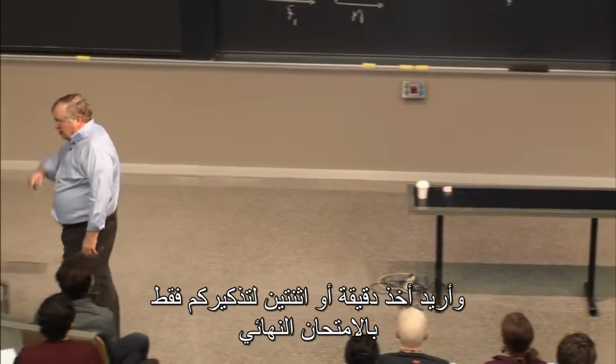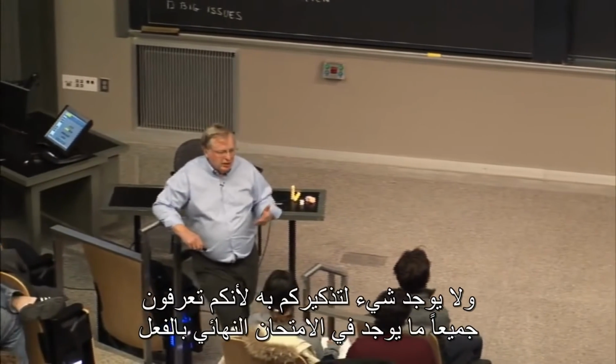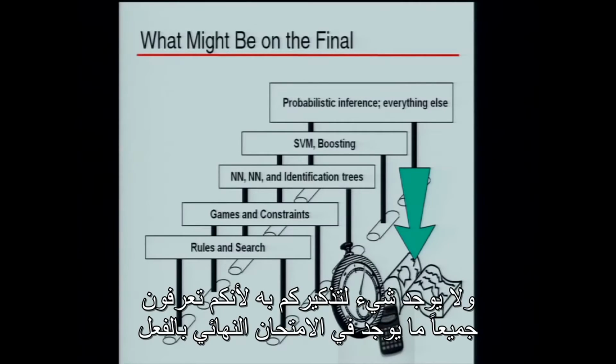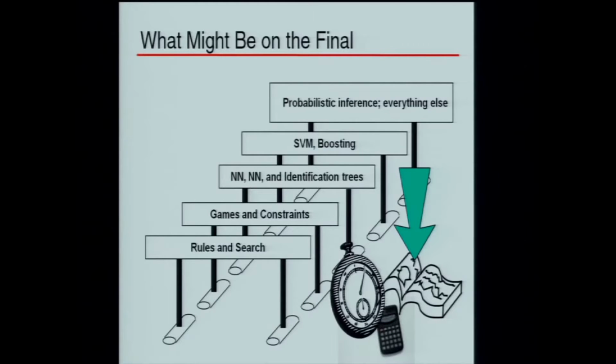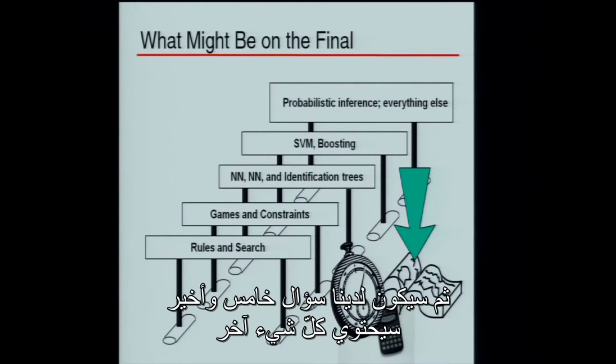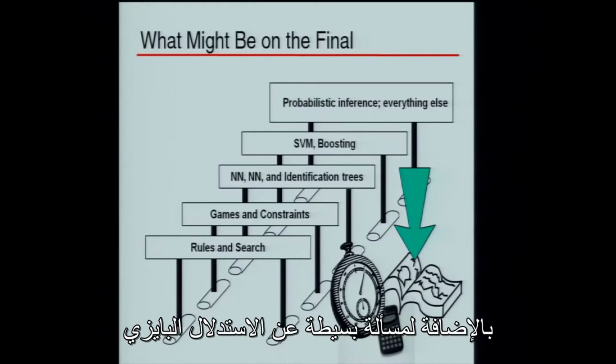I want to take a minute or two and just remind you of what's on the final, and there's nothing to remind because you all know what's on the final already. We'll have 4 sections corresponding to 4 exams. Then we'll have a 5th and final question that will be everything else. All that stuff you slept through will be featured there, as well as a little problem on the Bayesian inference.